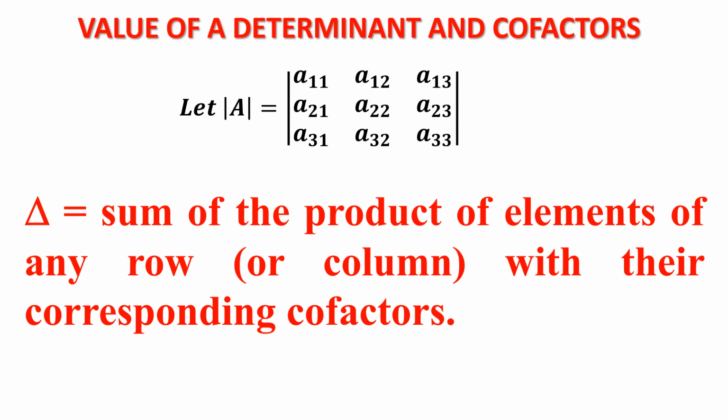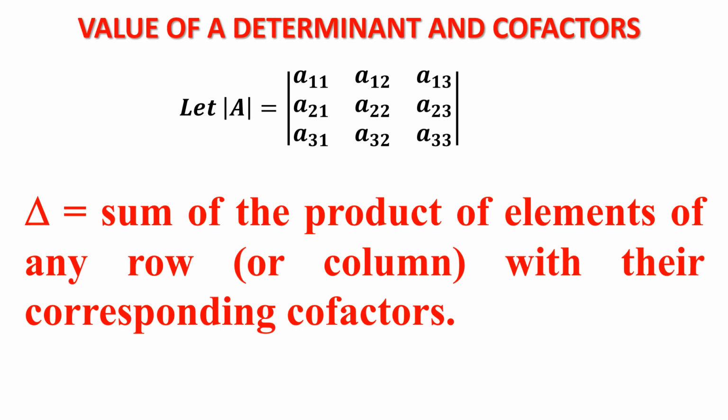You can take any row or any column, take the element, find its cofactor, multiply it. Again, take the second element, find its cofactor, multiply it. Again, take the third element, multiply it with its cofactor, and add everything. You will get the sum.